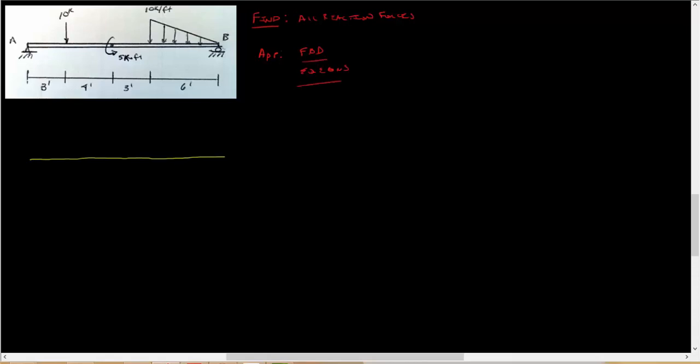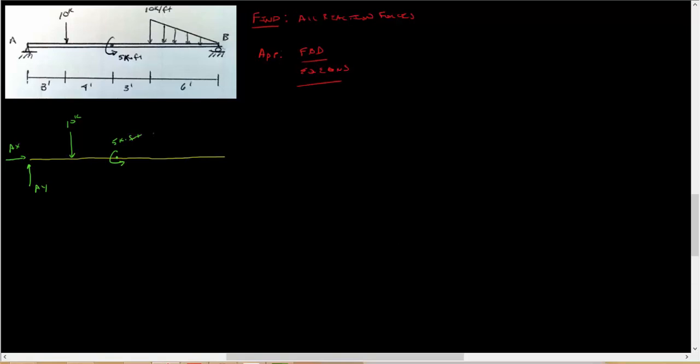So I have my beam here that I'm going to draw my free body diagram on, and I'm going to go ahead and draw AX and AY, since this is a pin connection. I have my 10 kip load here. I have my moment at 5 kip-feet, and I have my distributed load.